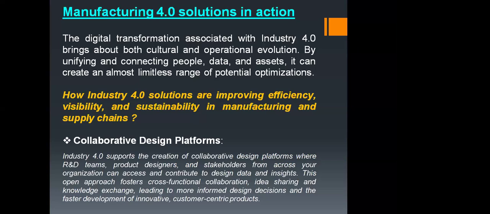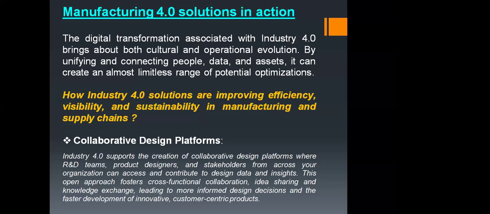And the question is how Industry 4.0 solutions are improving efficiency, visibility, and sustainability in manufacturing and the supply chain. How are these tools, the nine technological pillars discussed here, improving the scenario? First is the collaborative design platform. Industry 4.0 supports the creation of collaborative design platforms where R&D teams, product designers, and stakeholders from across your organization can access and contribute to design data and insights.